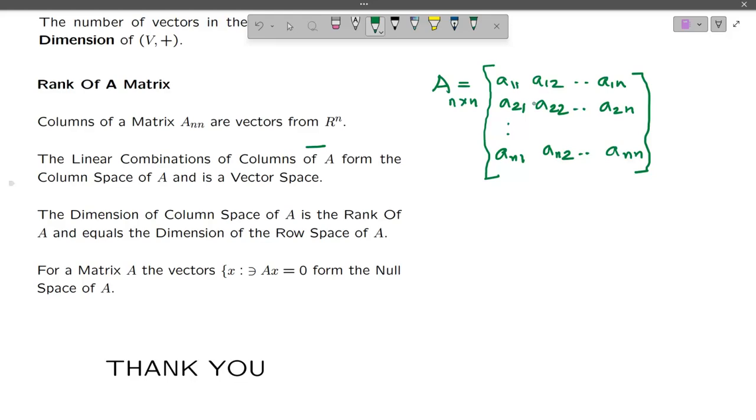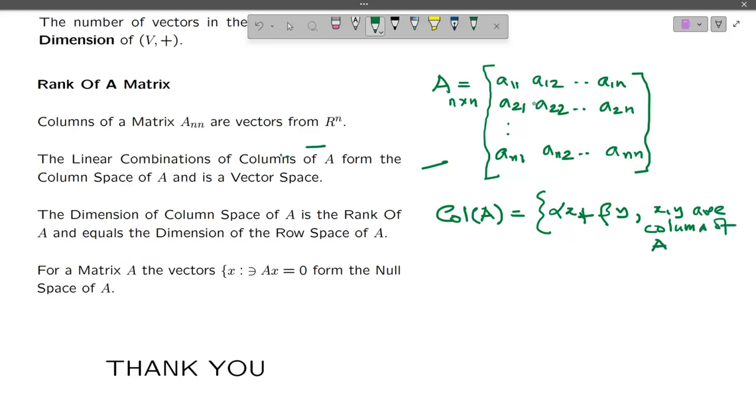So the column space of A is equal to alpha x plus beta y, all the linear combinations where x and y are columns of A. That's the column space, and that's a vector space.